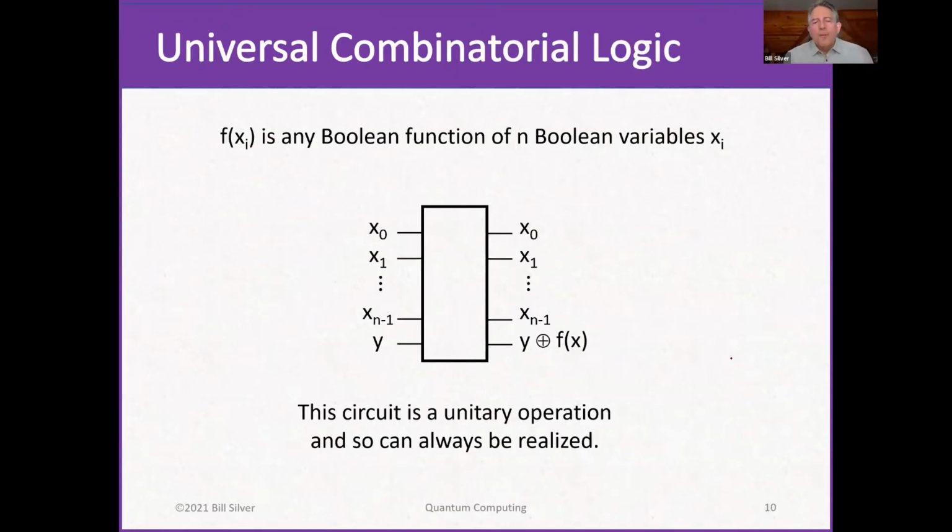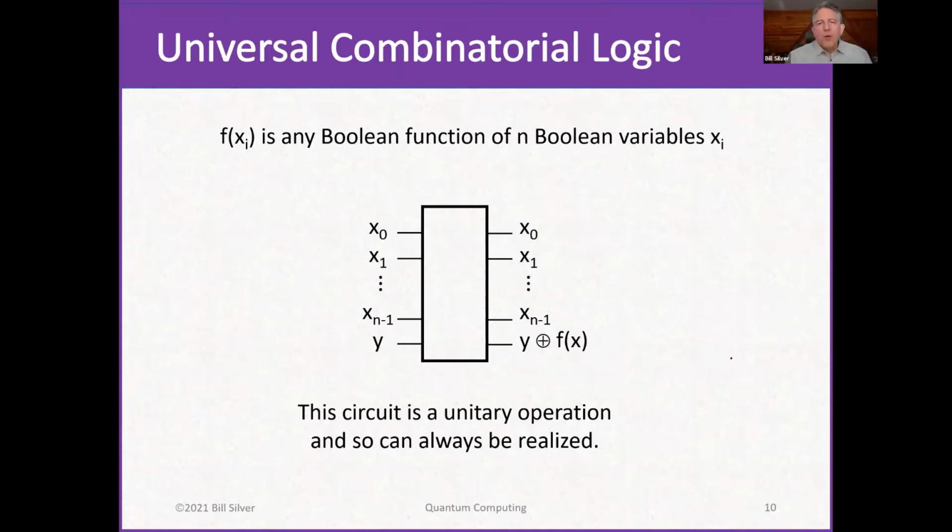Yeah, and we also looked at the idea that any Boolean function of n variables can be understood as a unitary operation, as a simple rotation, if the circuit is in this form, where you've got the n inputs, those are the x's, and then you've got a special y input, and the output is the exclusive OR of y and f of x.